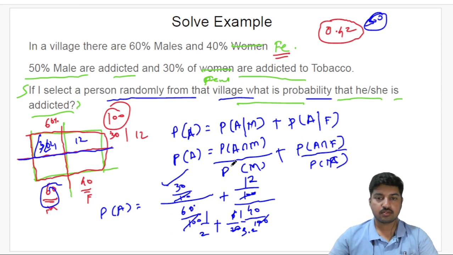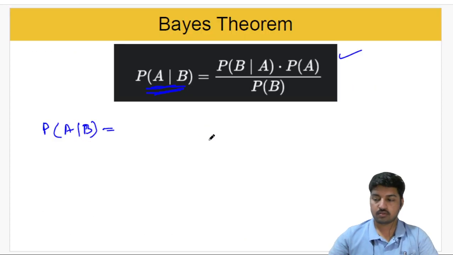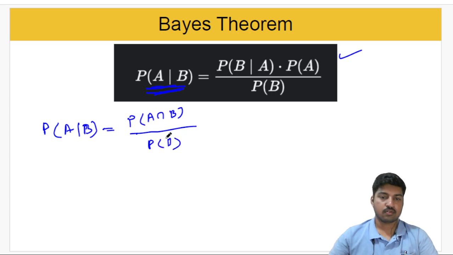Just now we have seen: probability of A intersection B divided by probability of B. But here the formula looks a little bit different, isn't it?